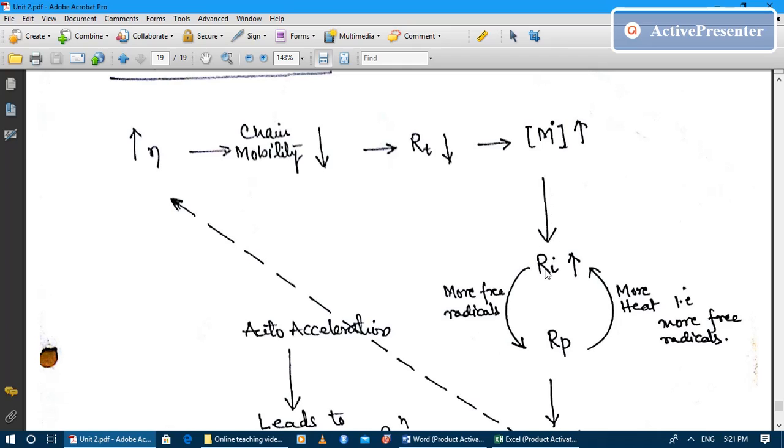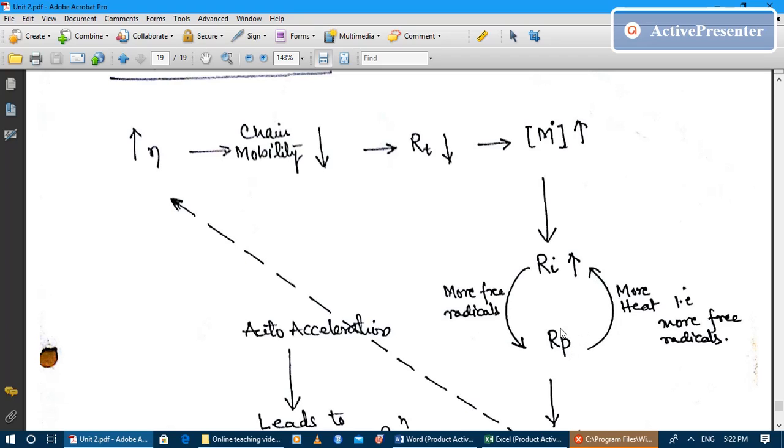Once more free radicals are present, what will happen? The rate of polymerization, Rp, will increase, and once Rp increases, more monomers will get attached to the growing polymer chain. Polymerization is an exothermic reaction, so a lot of heat will be generated, because the amount of heat generated in an exothermic reaction depends upon the rate of reaction.